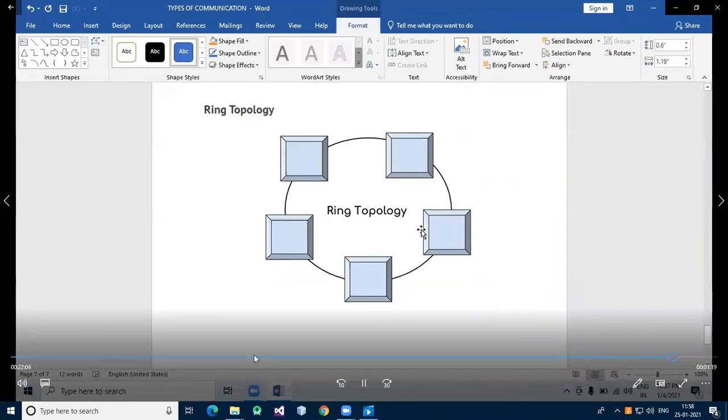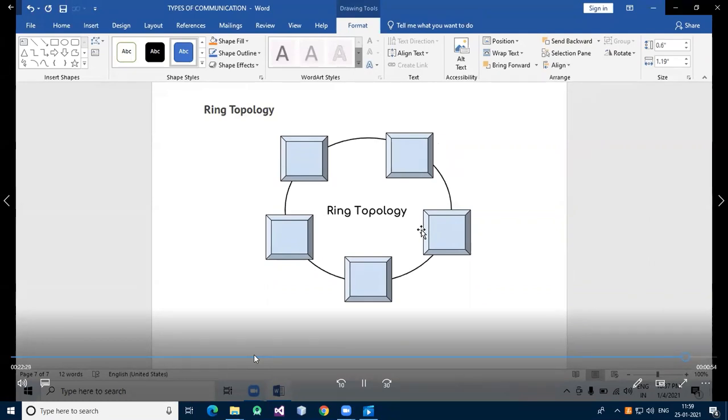Thus it is known as ring topology. If a device wants to send data to another device, it sends the data in one direction. Each device in ring topology has a repeater. If the received data is intended for another device, the repeater forwards this data until the intended device receives it.